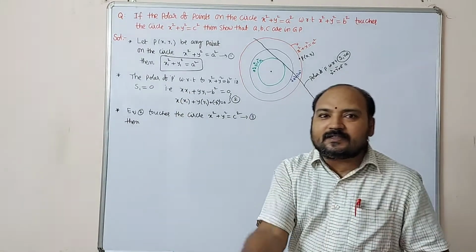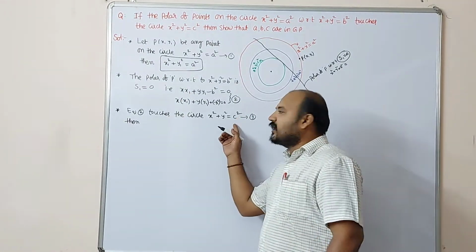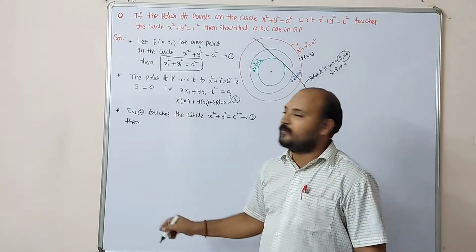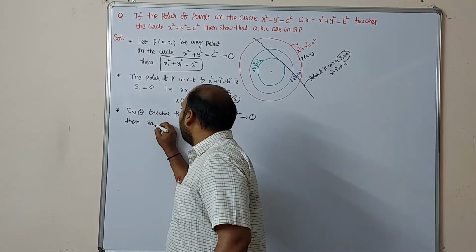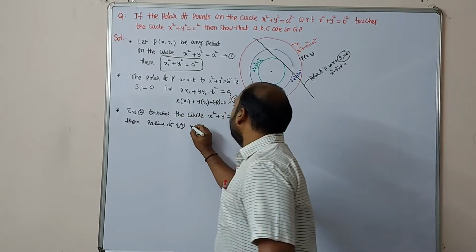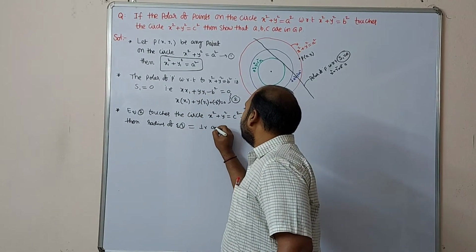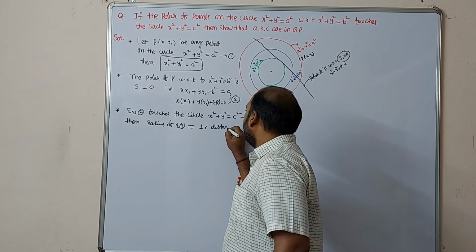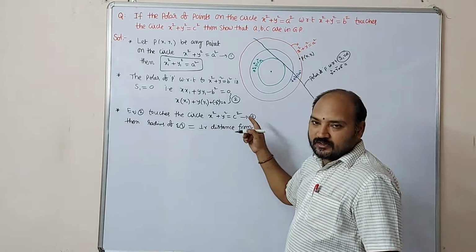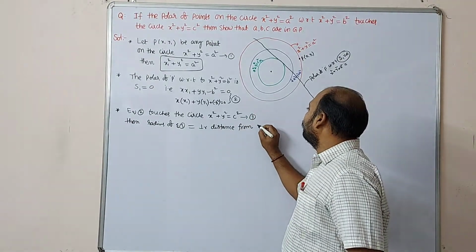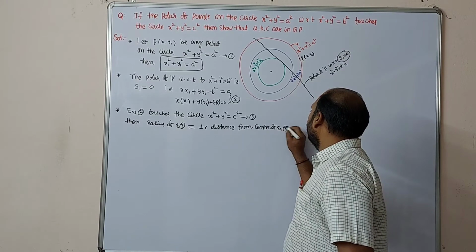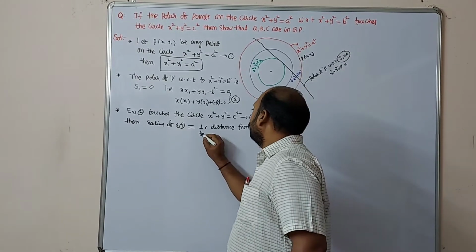Then for any line touching the circle, the radius of the particular circle is equal to the perpendicular distance from the center of the circle to this line. So the radius of equation 3 is equal to the perpendicular distance from the center of the third circle to equation 2.